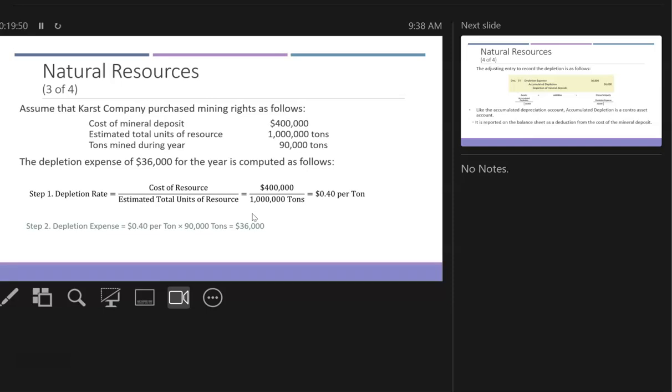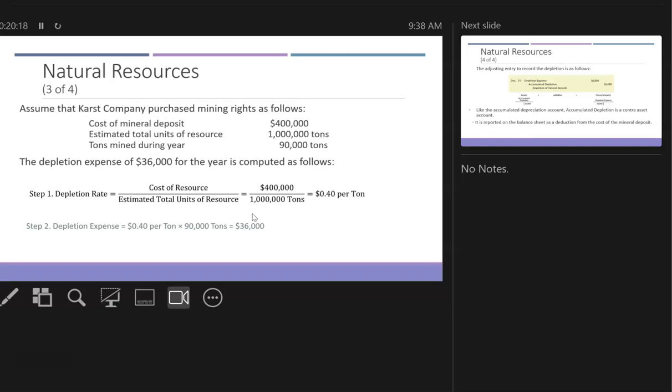Assume that Karst Company purchased mining rights. We have a cost of the mineral deposit and the estimated total units and how many were mined that period. So the depletion expense will be the cost of the mineral deposit divided by 1 million tons to come up with how much per ton they get to deplete.